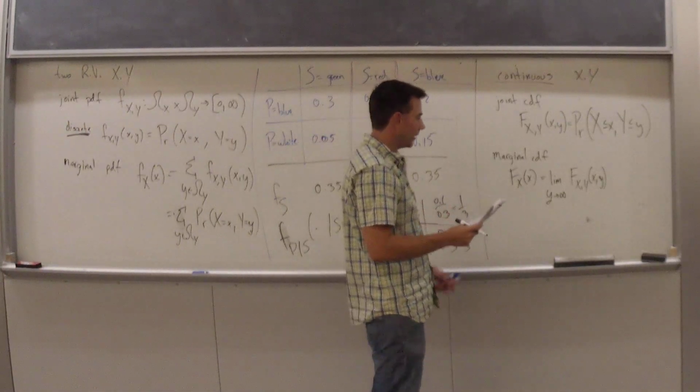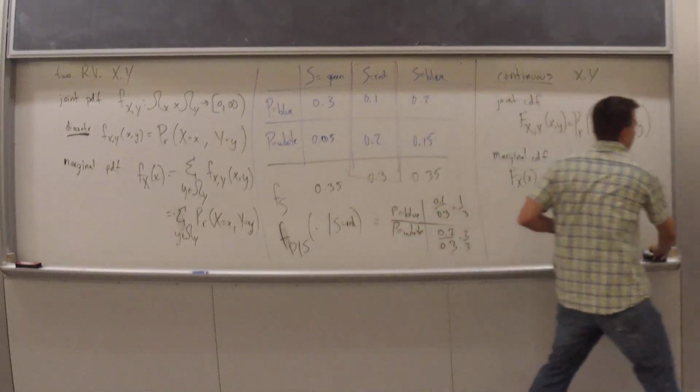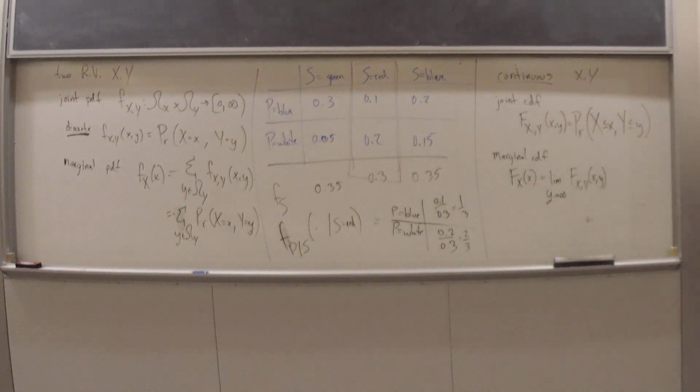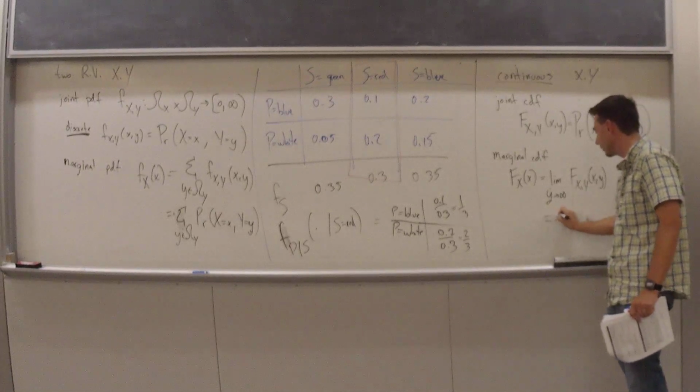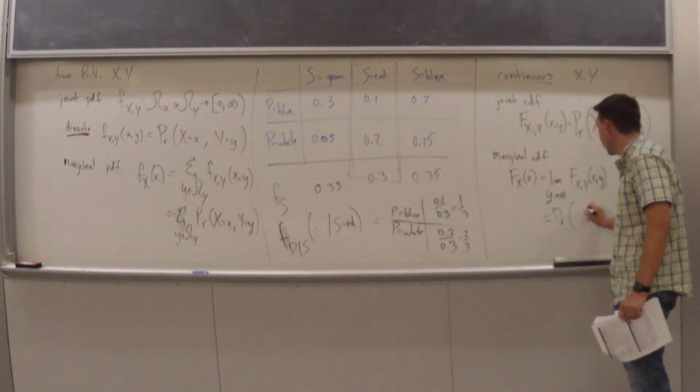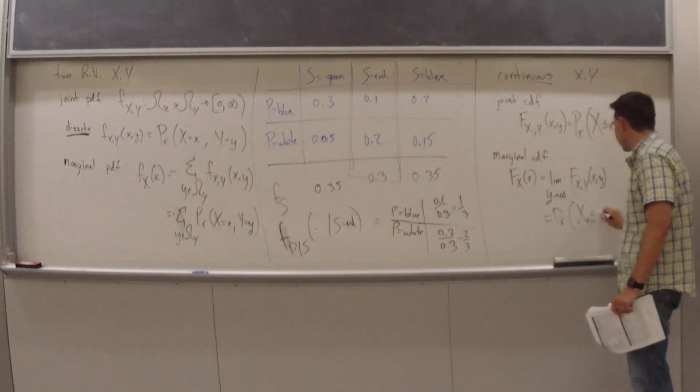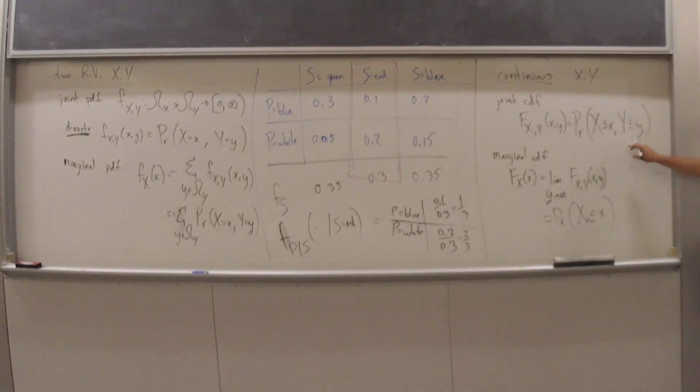So those are nice. Again, the CDF is nice because these CDFs are probabilities. This is equal to the probability that X is less than x. I don't need to say anything about y. It's a probability, so it's between 0 and 1.